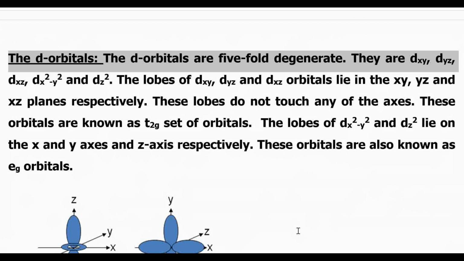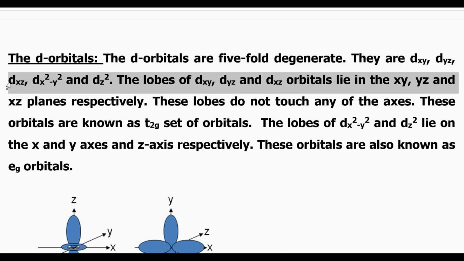The d orbitals are five-fold degenerate. This means that there are 5 different d orbitals, and the energy of all these 5 d orbitals is the same. The names of these 5 d orbitals are dxy, dyz, dxz, dx square minus y square, and dz square.